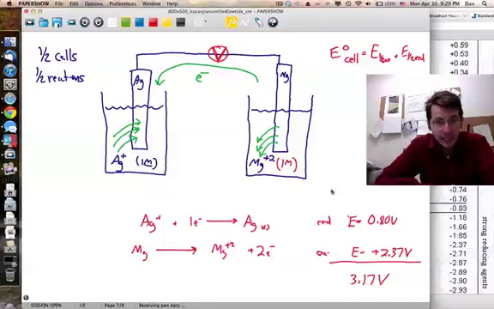Now, as the electrons migrate over here, this solution becomes more and more deficient in positive charge, more and more negatively charged. It's missing a bunch of silver.